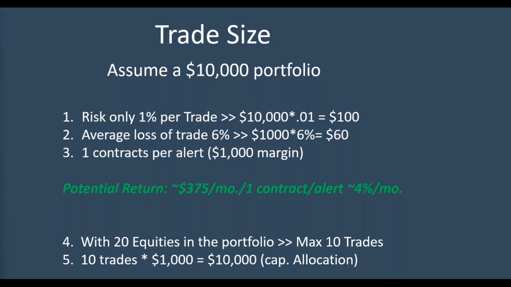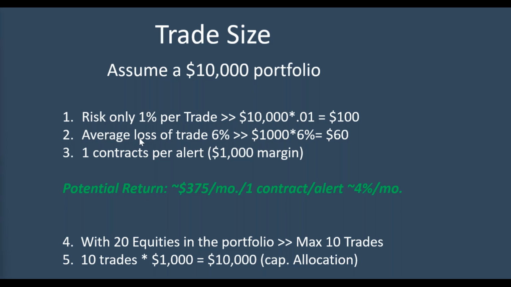I know that my average loss on any given trade, sometimes it's going to be more, sometimes it's going to be less, but the average loss is going to be 6% of margin. Now, most of the margin for a credit spread, and I'm usually looking at a 10-point spread, is 10 times 100 shares per contract, or $1,000 per contract margin required.